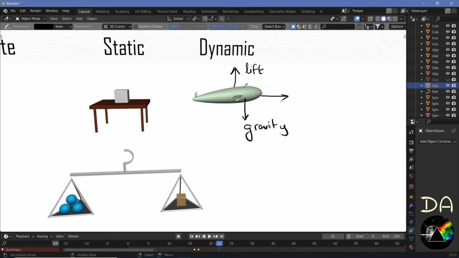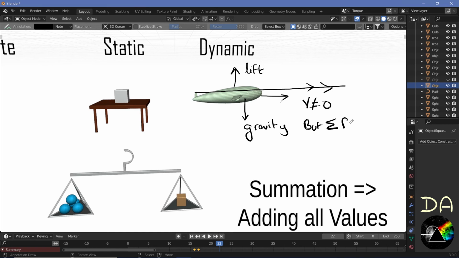So overall, it just remains at the exact same height and continues to travel forward. This is called dynamic equilibrium because the velocity is not equal to 0, but the summation of all the forces is equal to 0. This symbol is the summation symbol, which is a capital sigma.